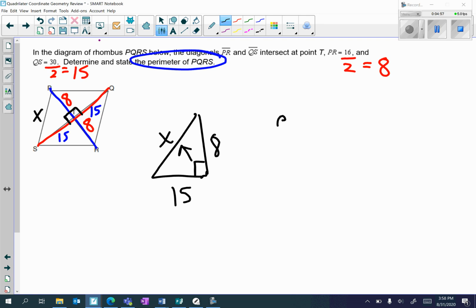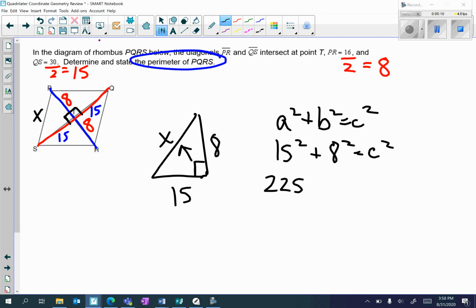So I have to use the Pythagorean theorem. 15 squared is 225 plus 8 squared, which is 64. 225 plus 64 is 289.